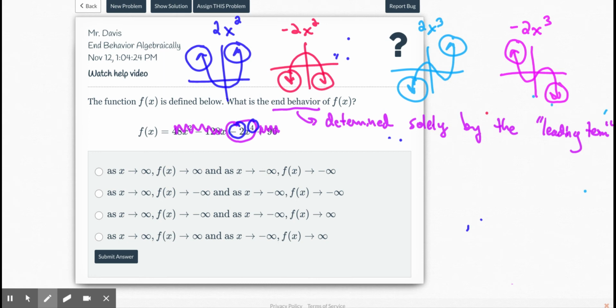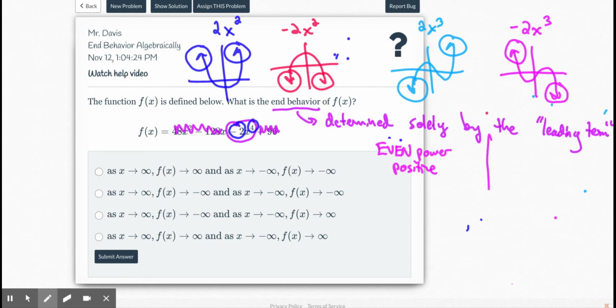These possibilities will be the same no matter if that 2 is a 10 or the x squared is an x to the 4th or an x to the 6th. What we're looking at is an even versus odd exponent and the sign of the leading coefficient. So I'm going to make a little chart. The first one is going to be if we have an even power, and we'll do a positive.